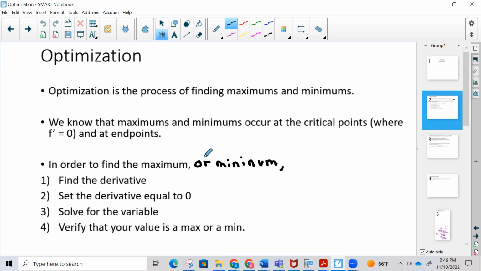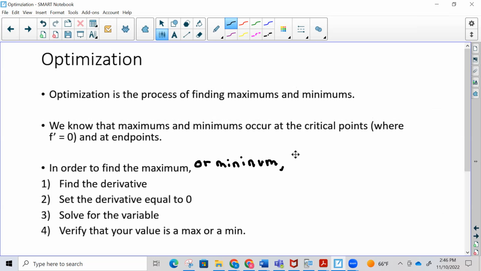In order to do that, we are going to find the derivative, set the derivative equal to 0, solve for the variable, and then verify the values of max or min using either the first or second derivative test.